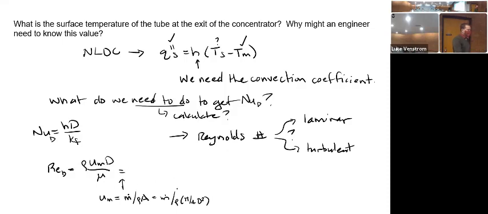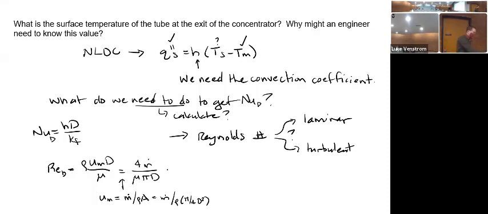If you substitute that in, hopefully you see that the density cancels, one of the tube diameters cancels, and we end up with a 4 over pi. So I have 4 times m dot over the viscosity times pi times d.